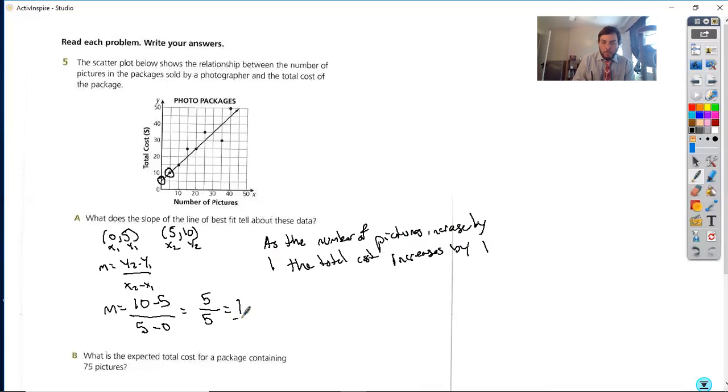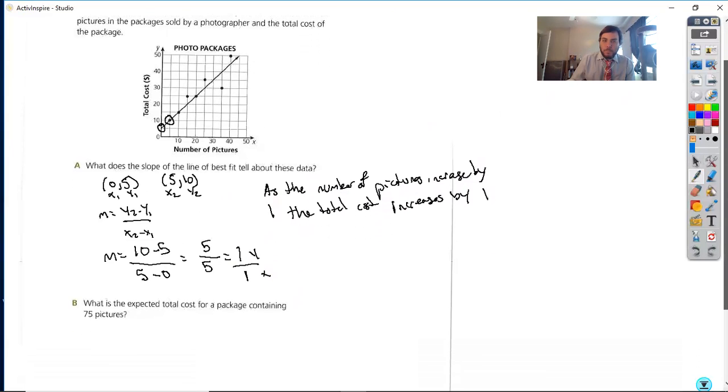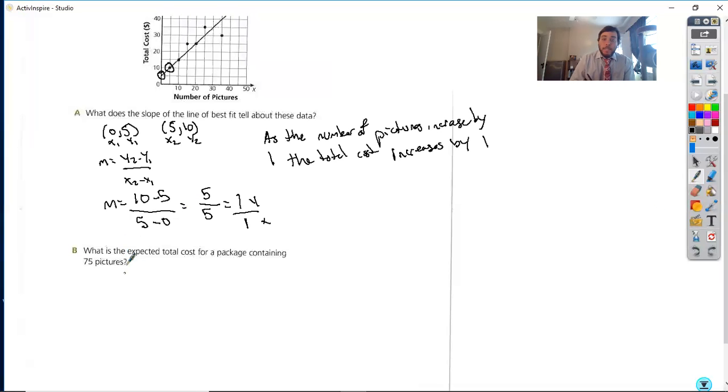Because here we have a slope of 1, which we can write as 1 over 1, which would show that as the x increases by 1, so does the y. So now if we want to go through here and find the expected total cost for a package containing 75 pictures.